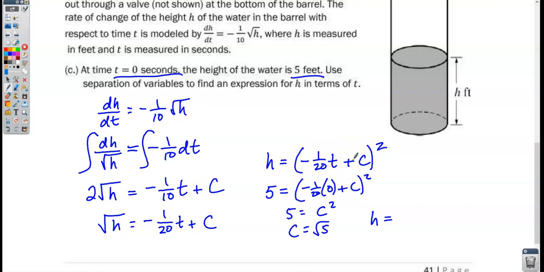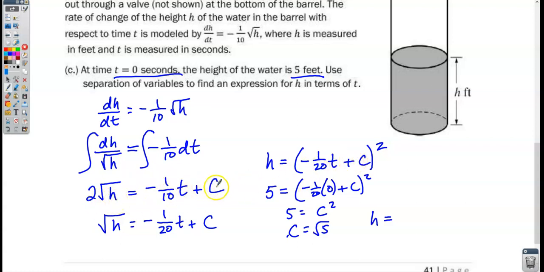And you've got to make sure, here's another thing to think about, you substitute your c back into whatever form of the equation you used to solve for your c. This was the form of the equation I used, so it's appropriate for me to bring my c back into this form. It would not be appropriate for me to bring my c back here, because that's not the setup that I used to solve for that c.